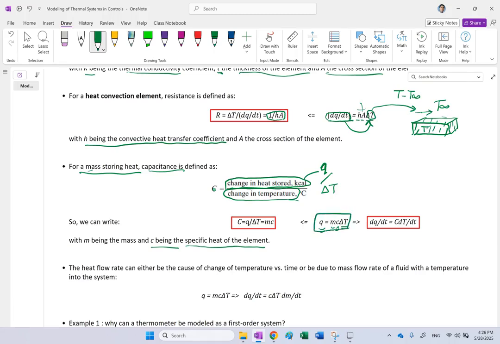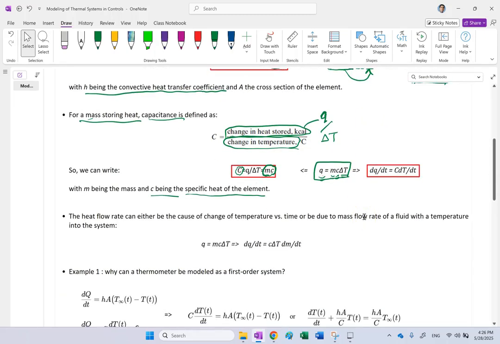So in here, if I divide Q by delta T, clearly you see that the capacitance of any material is its mass times its specific heat. Okay, so for any material, we can also define a capacitance because it can store heat in terms of change in the temperature. Good.